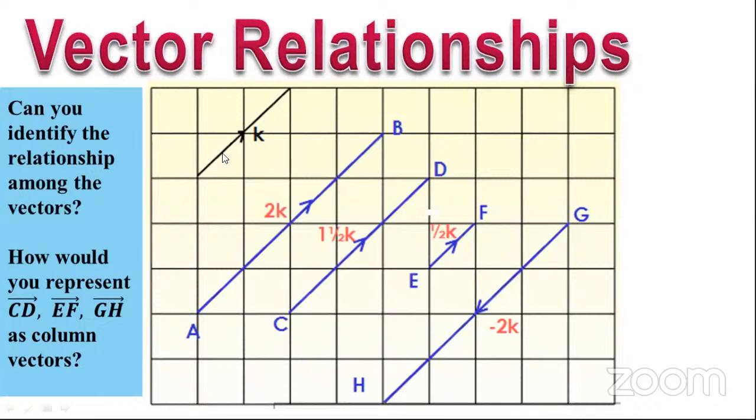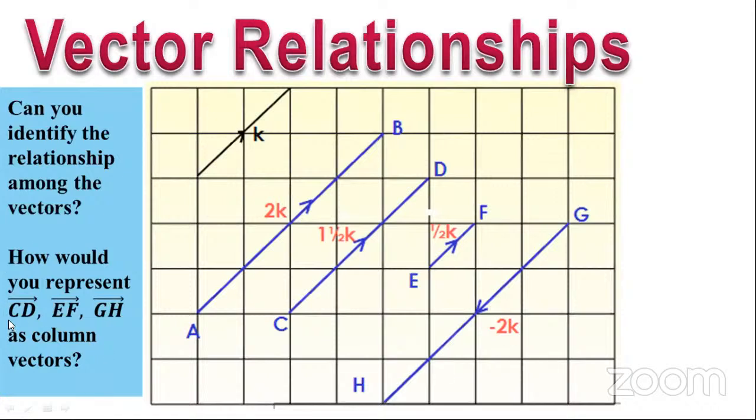Even though we did not say to use vector K as the benchmark, clearly if you would have realized that vector AB was renamed to 2K, which means that the vector K is what we're using as the benchmark here. The vector CD is also 1.5K. The vector EF is half K, and I like how several students shared that GH, you notice the arrow, the direction is changing and it is negative 2K.